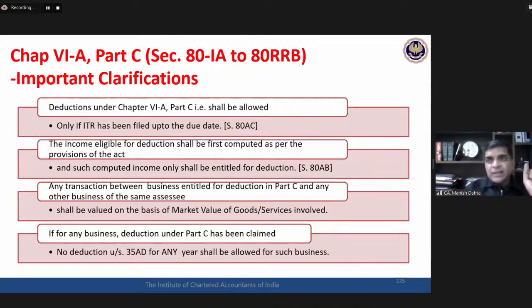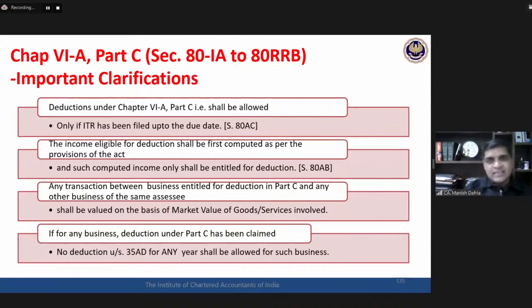Now say for example, in the second year that employee has left the organization. He is no more there. Whether I can still claim the deduction in the second and third year? Logically you may have a problem: the employee is not there, so how can I claim a deduction for his salary?